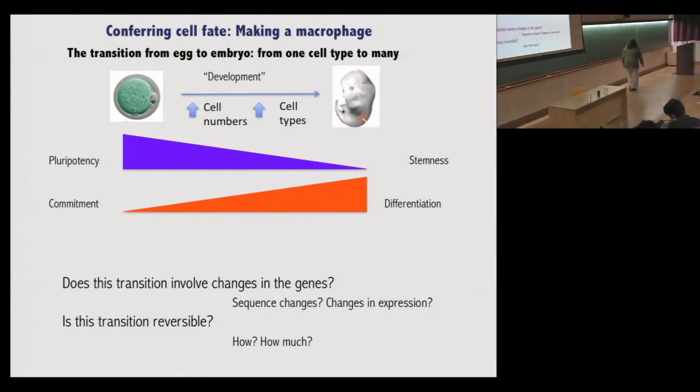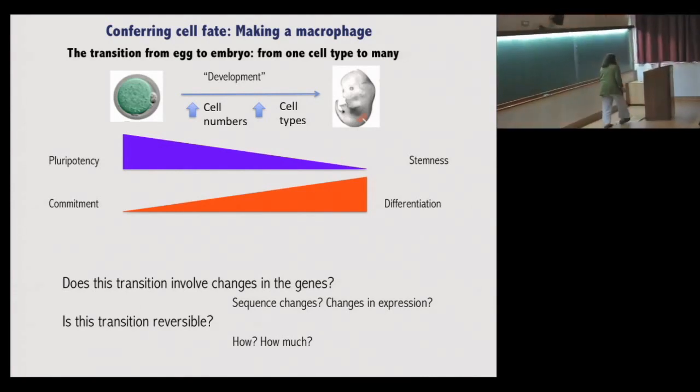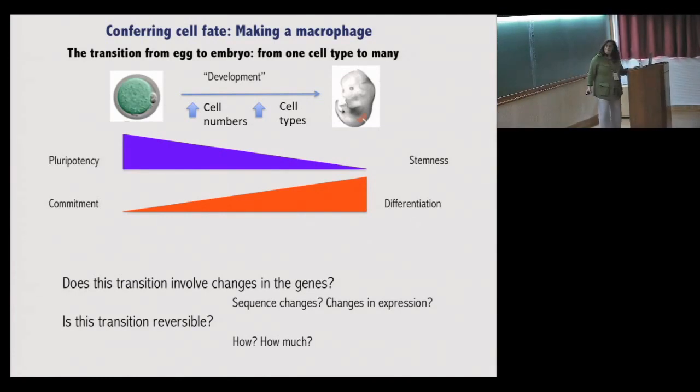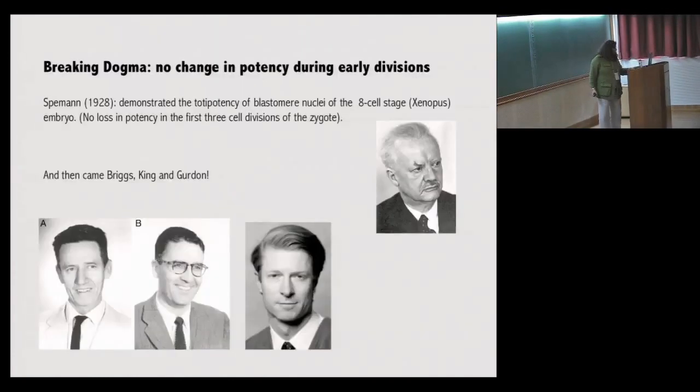That brings me to a second point about commitment, which is that the early dogma, the early thought, was that when cells go from being one type to many different types, each of those types is associated with some loss of information contained within their genome.